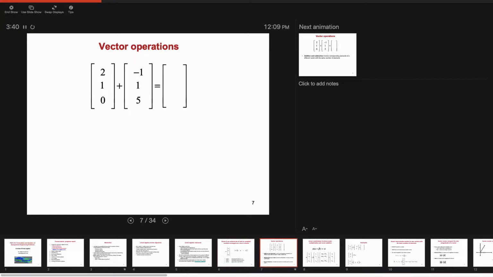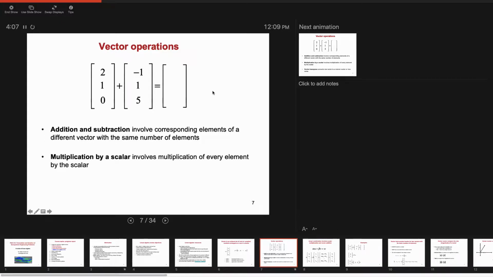Now, if I have the same number of elements, I can do operations on it. So we went through this. It's easy to go element by element, and we work with standard operations on corresponding elements. So 2 minus 1 will give me 1 in spot number 1 here. 1 plus 1 will give me 2. 0 plus 5 will give me 5.